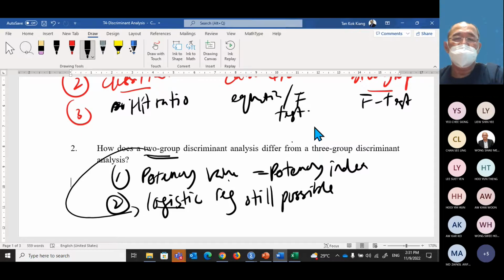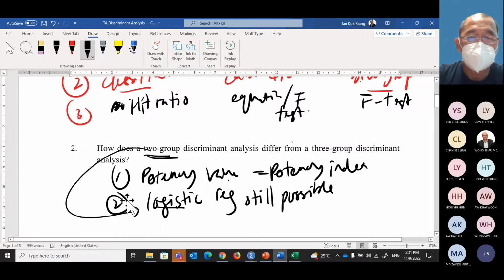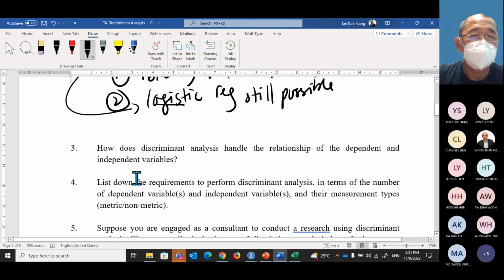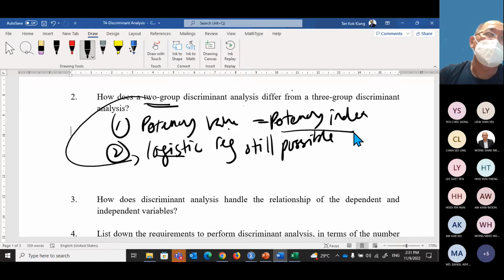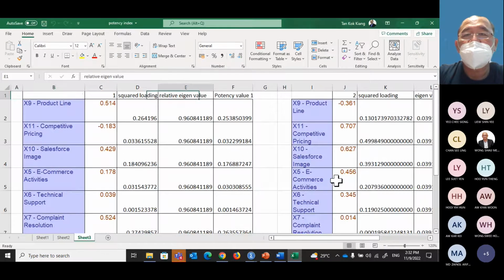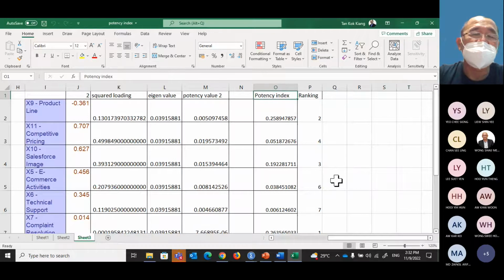Try to see any more. No, okay. What about the ranking? No, the ranking, either one you must do. The ranking of the potency index you still need to do, either for two groups or three groups. You do the ranking based on the potency index.